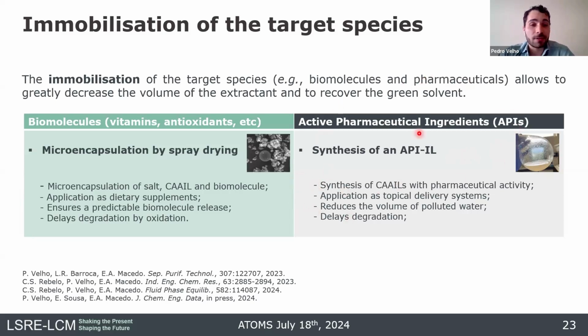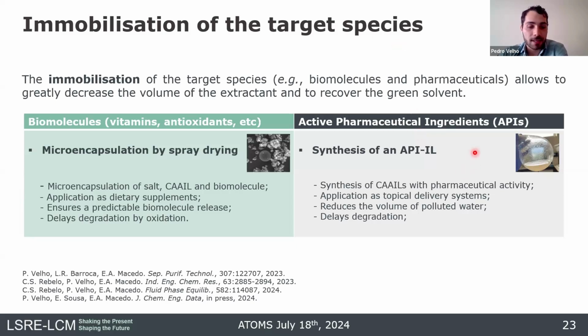On the other hand, when we are talking about active pharmaceutical ingredients, we synthesize an API-IL. So we synthesize ionic liquids based on active pharmaceutical ingredients, which preserve the pharmaceutical activity of the components.